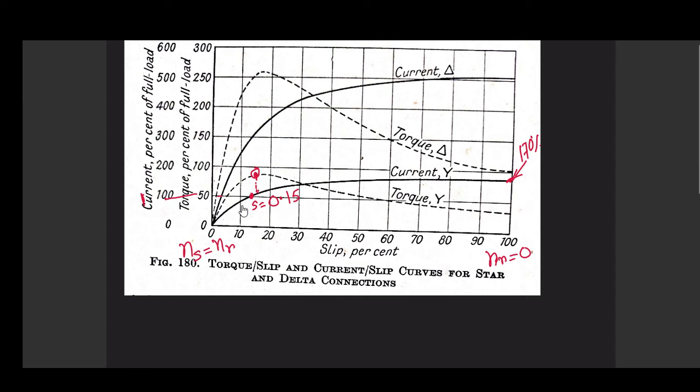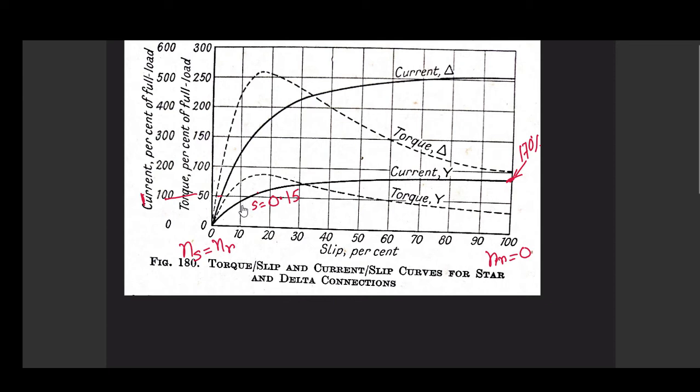In all the cases, it is the safety of the winding, the amount of current that the winding can carry, that determines our current limit.